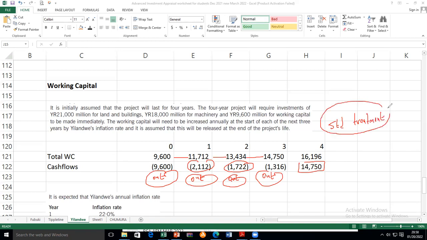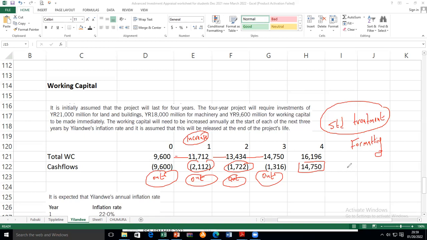So on this paper, as far as working capital is concerned, and as far as your formatting is concerned, what we have here is a standard formatting. The working capital that we spend at the beginning of the project is an outflow. Subsequently, only the increase is captured as an outflow.